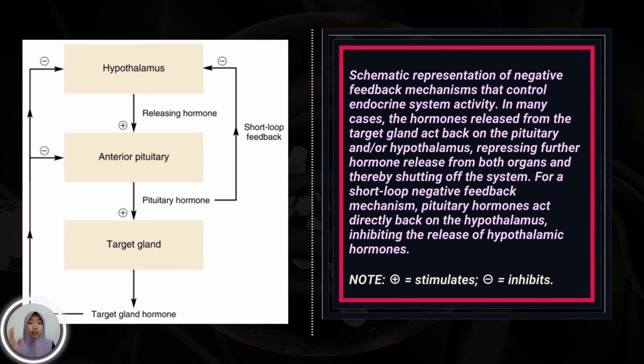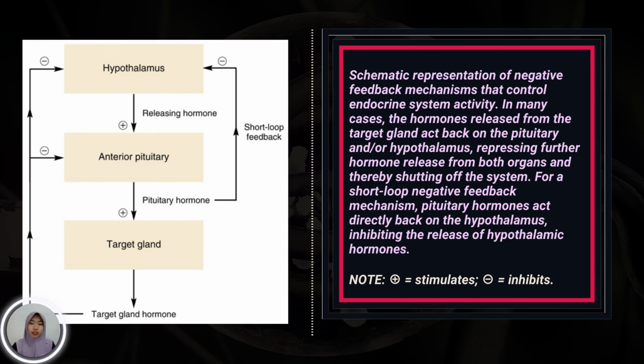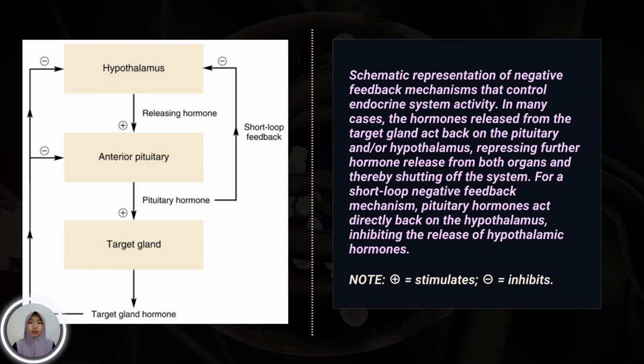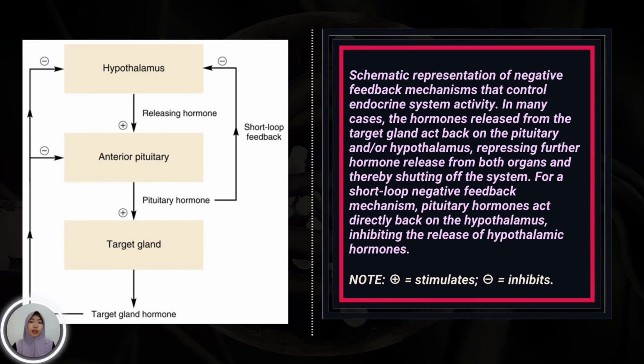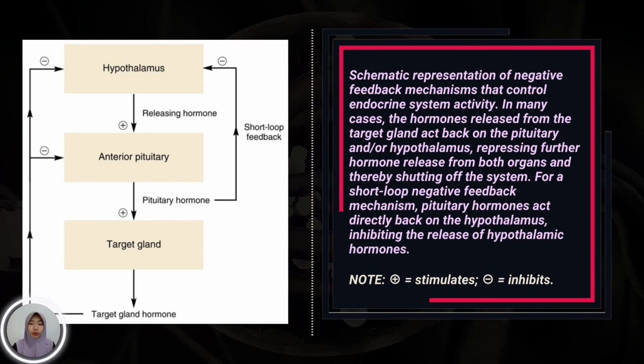In those glands, the interaction of the pituitary hormones with their respective target cells results in the release of the hormones that ultimately influence the organs targeted by the hormone cascade.